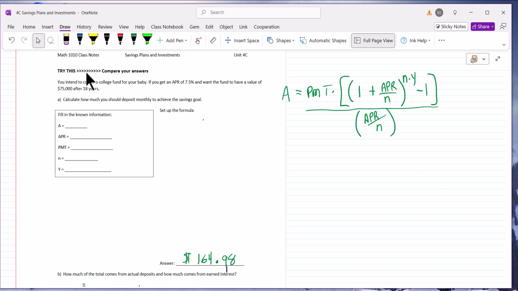So Y is 18, N is 12, because they're doing payments every month, 12 months.